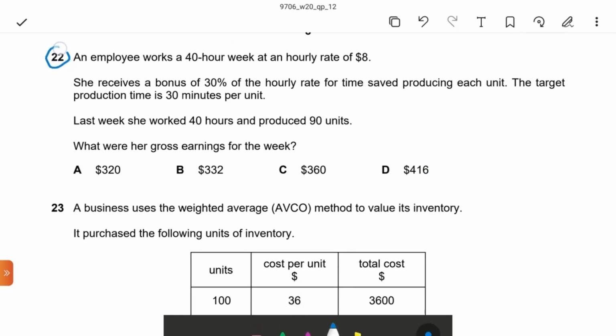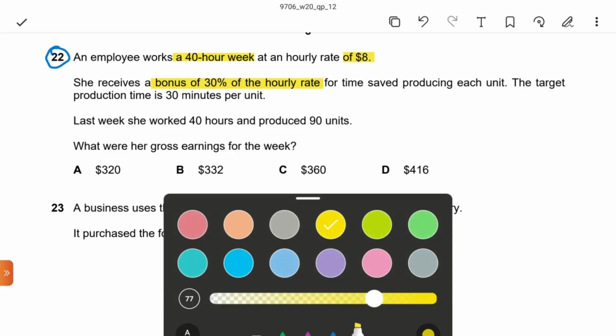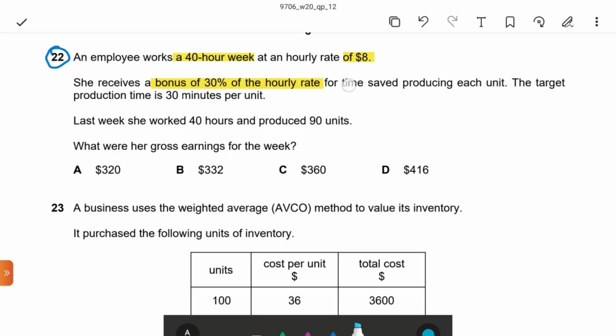Question number 22. An employee works 40 hours a week at an hourly rate of $8. She receives a bonus of 30% of the hourly rate. She will receive the bonus of 30% of the hourly rate for time saved producing each unit.